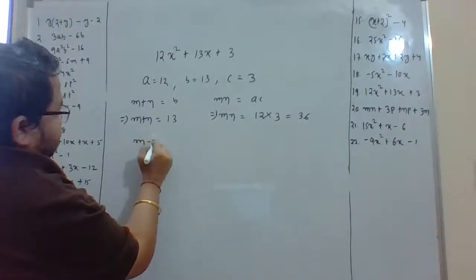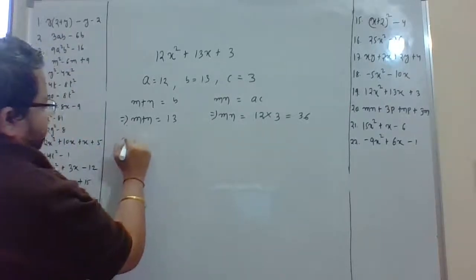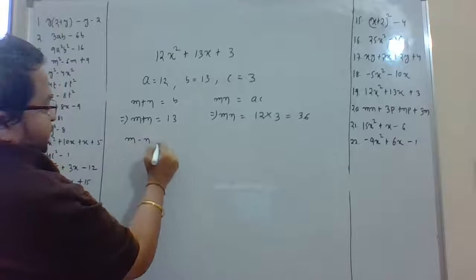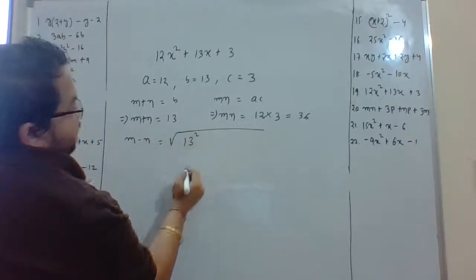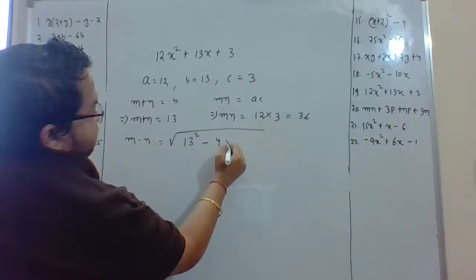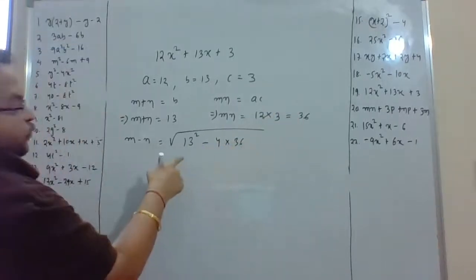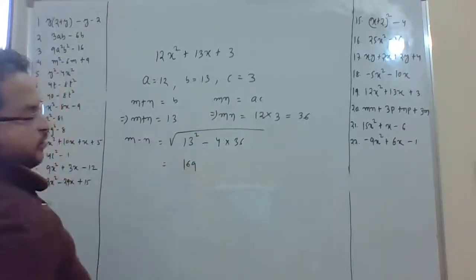So m minus n will be nothing but the square root of (m plus n) whole square minus 4 into 36, right? So 13 square is nothing but 169, okay?